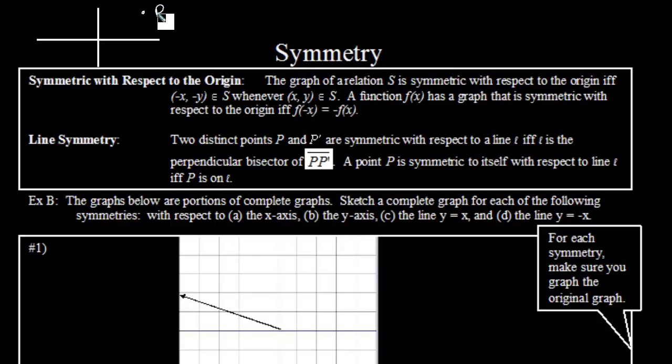Here's point P, here's point P prime. It says these two points are symmetric with line L if and only if L is a perpendicular bisector. So let's say this is L right here.